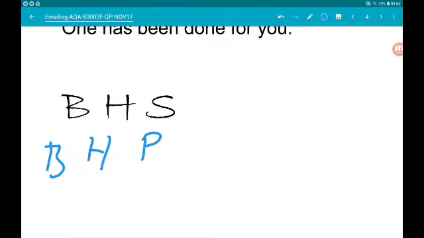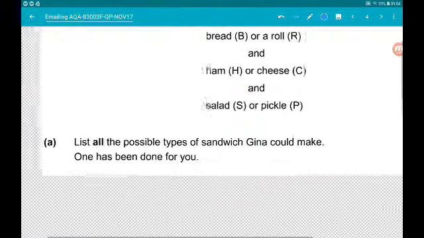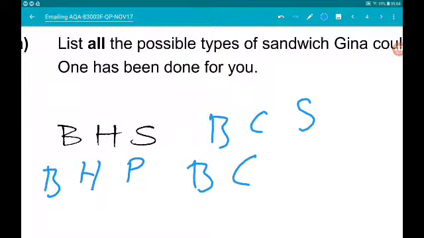Then bread, cheese, and salad, and bread, cheese, and pickle. So that's it for the bread.